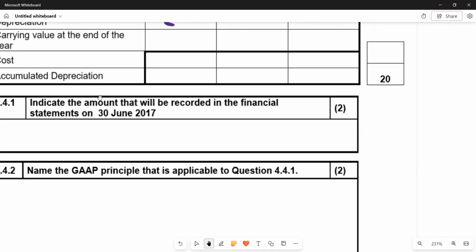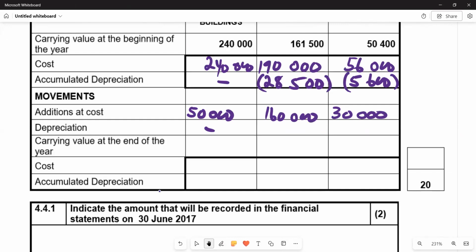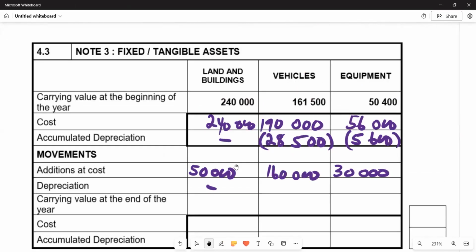Right, we are here. So for depreciation, we have vehicles, an amount of depreciation, we have 46,500. Then for equipment is 6,040.